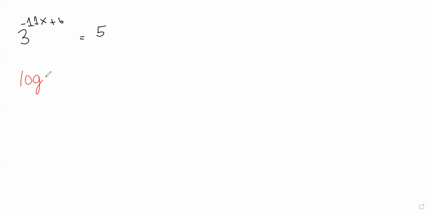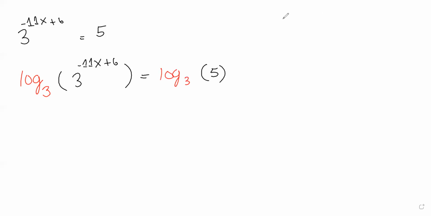Because if I truly want to cancel and solve for my exponent, another approach would be log base 3 of 3 to the negative 11x plus 6 equals log base 3 of 5.